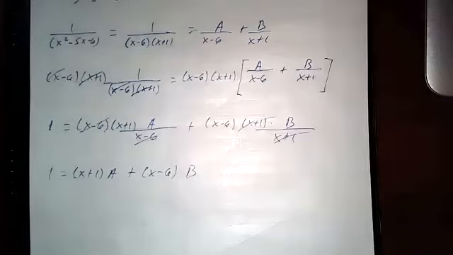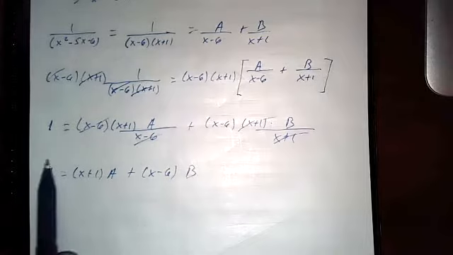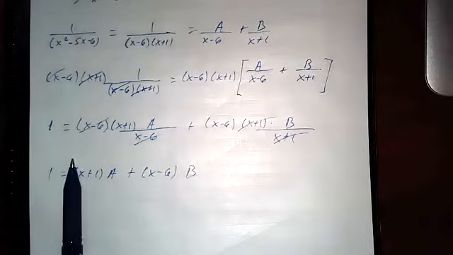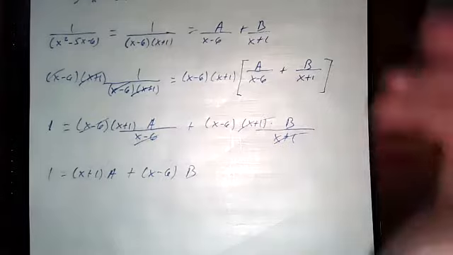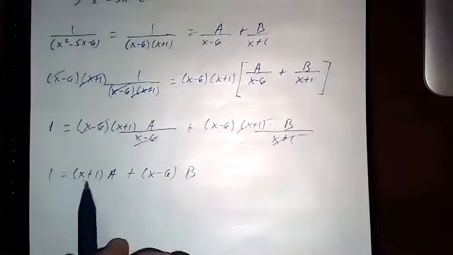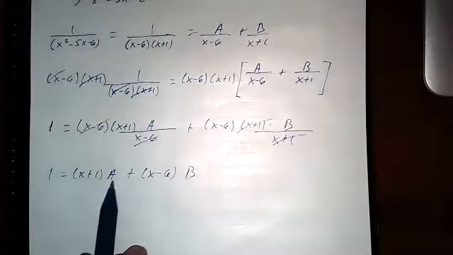So at this point, you could technically, so there's 2 techniques. One's called the Heaviside method, where you can let x be whatever you like to cancel this.